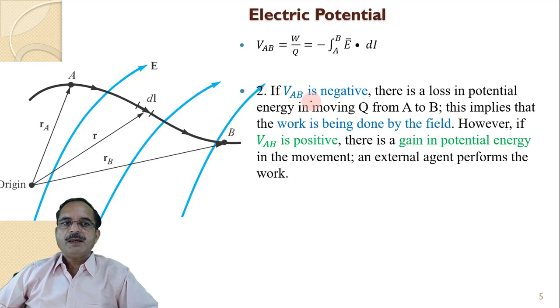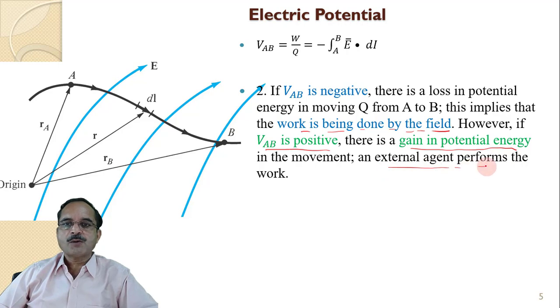If VAB is negative, there is a loss in potential energy in moving a charge from point A to B, or in other words, work is being done by the field. Whereas if VAB is positive, then there is a gain in potential energy. That means an external agent performs work.